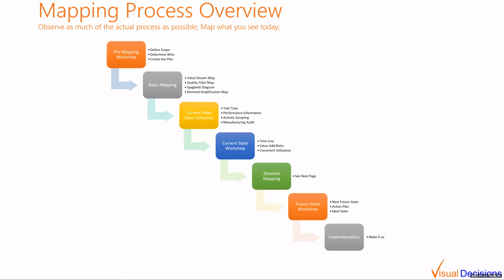And then optionally, the team may produce an ideal future state where all possible waste is removed. And either way, the team should create a detailed project plan for executing the improvements to get to that next future state. And then the final step is to make it so and implement the proposed changes.